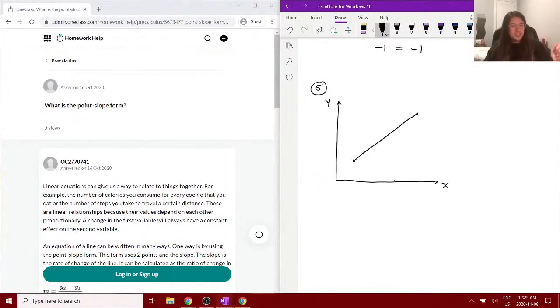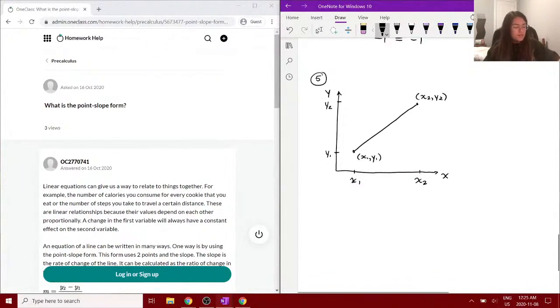It's just straight. We see that it goes from y1 to y2 and from x1 to x2. So this point is y1. Oops, sorry, x goes first. x1, y1 to x2, y2.